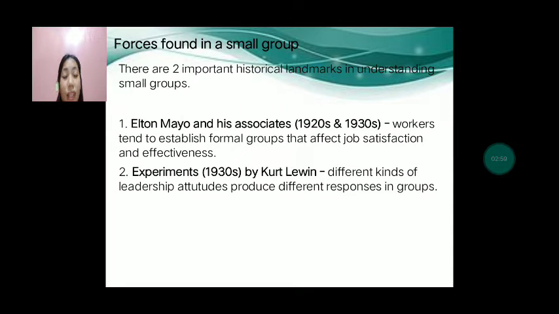In a certain workplace, all of the employees build relationships, and through these relationships they can establish formal groups that clearly affect job satisfaction and effectiveness, because if they have a common goal, which is to accomplish a certain work, then effectiveness exists and the work becomes easily done.